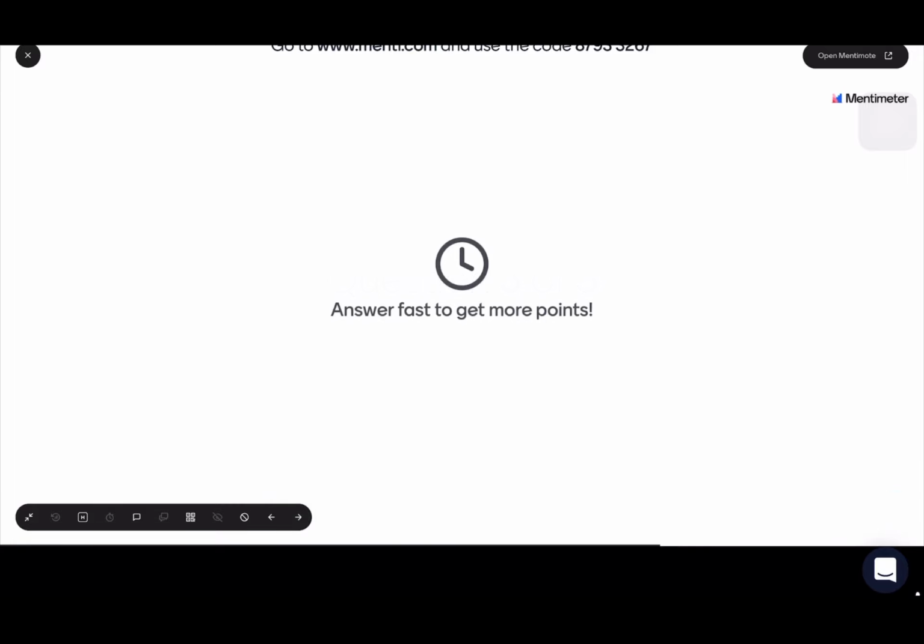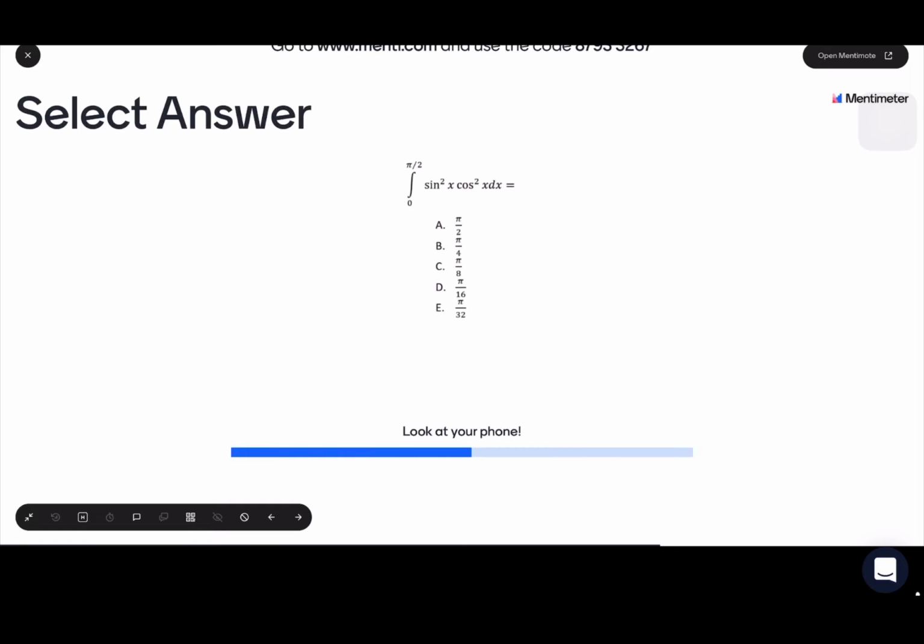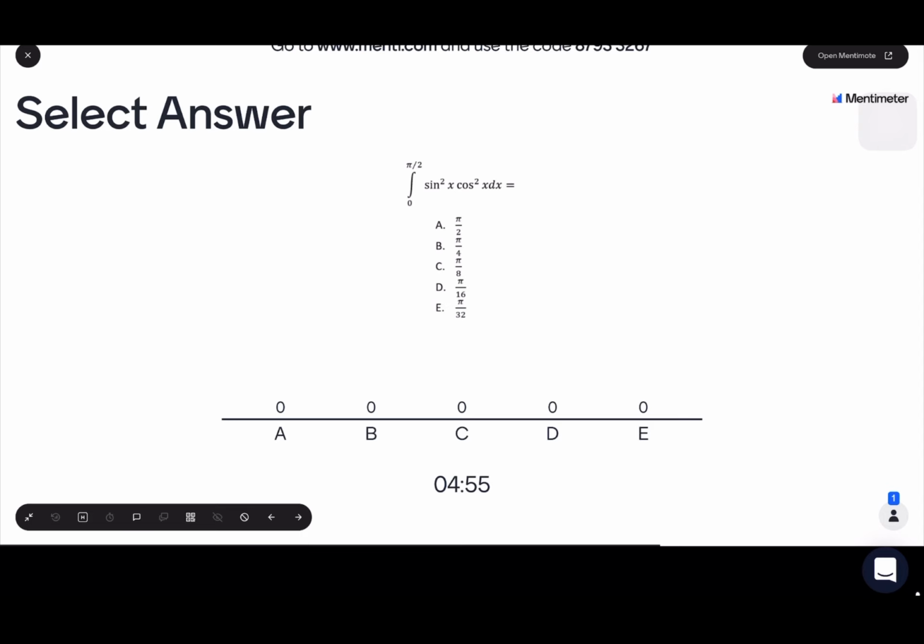Okay, last one. This is going a little bit trigonometric. Giving you almost 5 minutes. You can solve with whichever you like. Maybe identity.